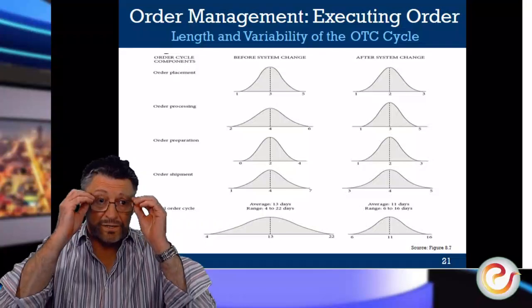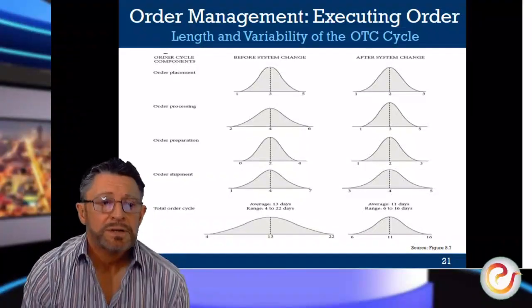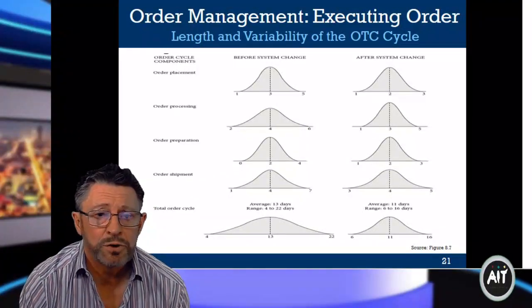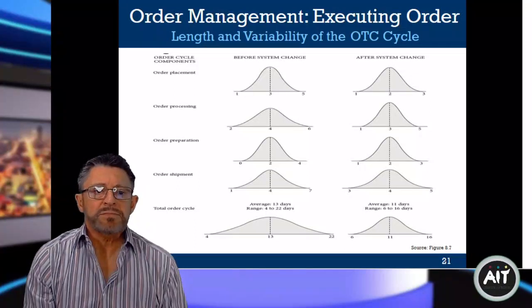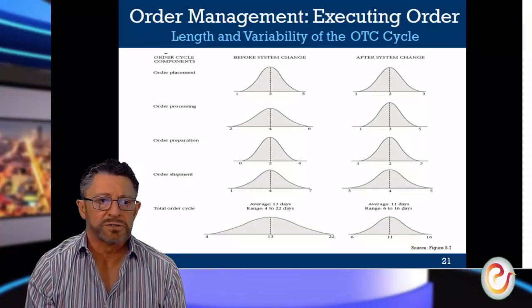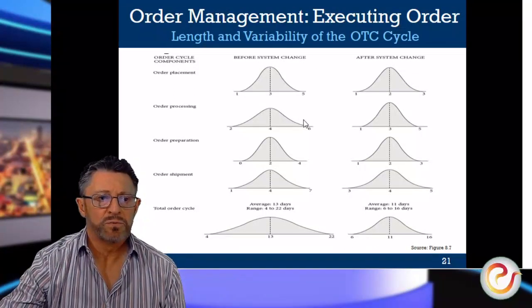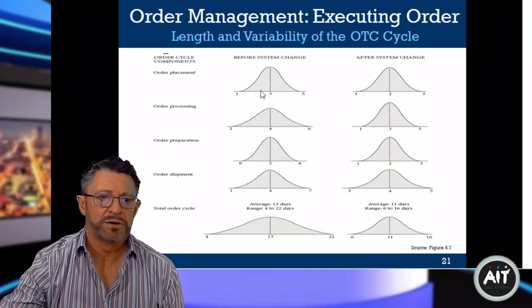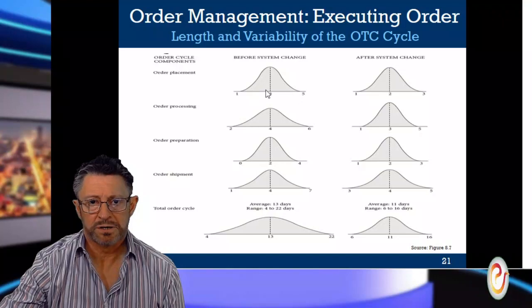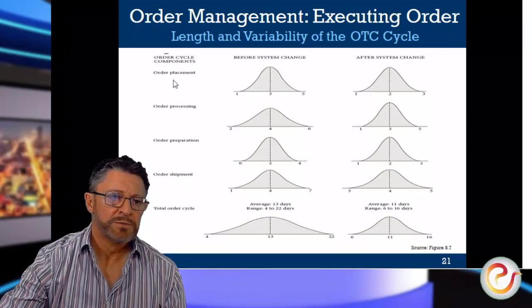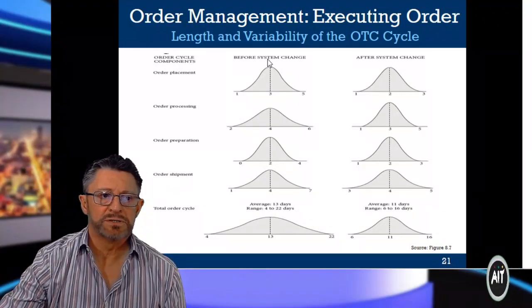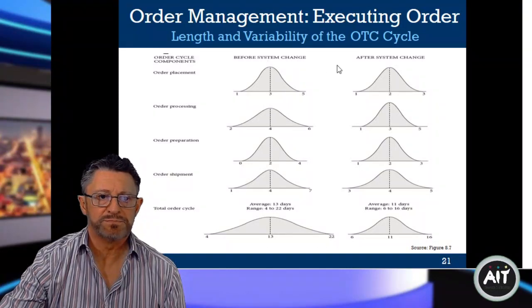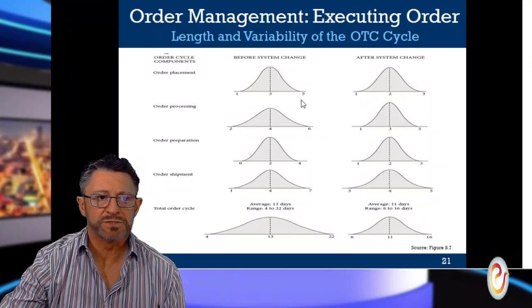This is what you'd get in the likes of Six Sigma and so on. You have the median, and then you have the upper and lower limits, as with any quality cycle as such. So ideally, we'd like to be hitting our targets here all the time, but you have these outliers, or the mean distribution of performances. So you have order placements before any system changes versus after system changes.